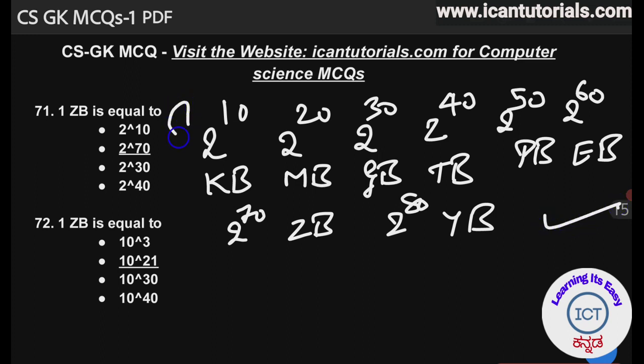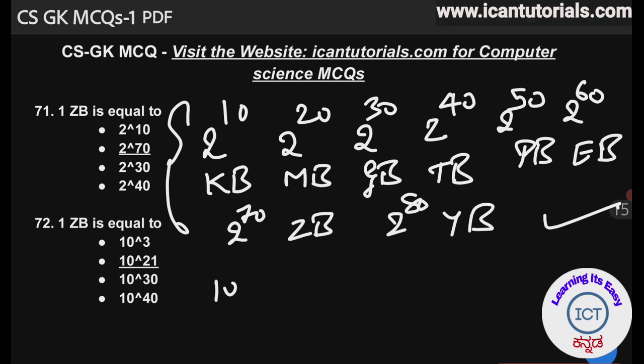This is the exact right answer, because if you do the calculation you will get the memory sizes exactly as they are. But in general we also use base 10 to get the memory sizes. It is not an exact match, but sometimes we use base 10 also.